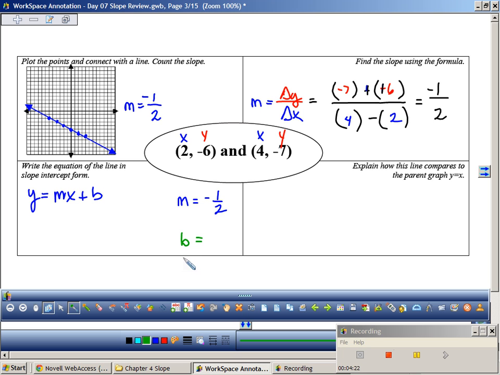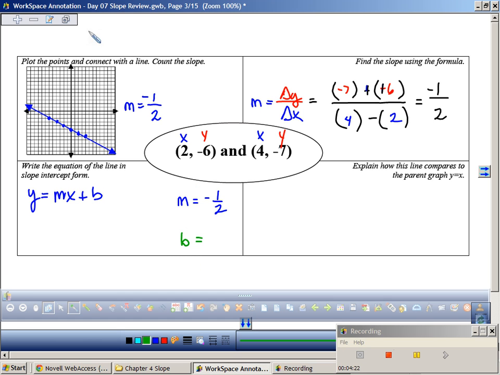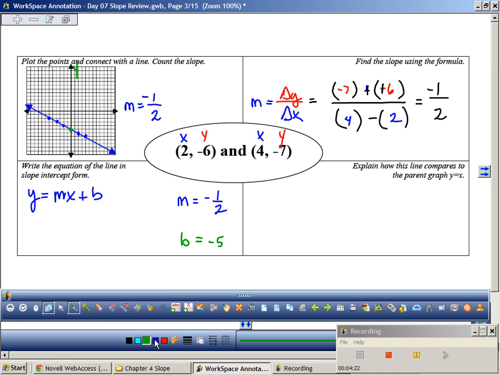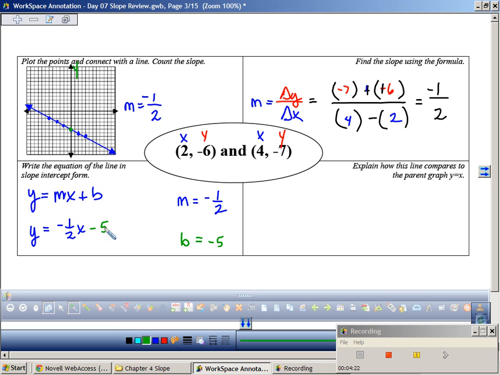Well, where am I going to find that? Right on that y-axis, right? If I go down the y-axis, where does it intercept my graph? Oh, right there at -5. So let's write that: y = -1/2 x - 5. That's pretty easy, right? We've got all that information.